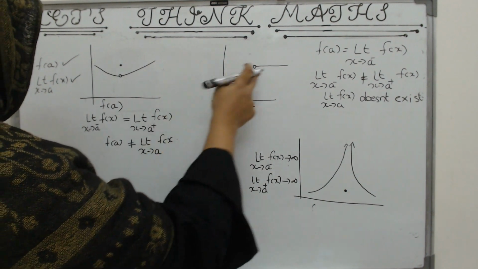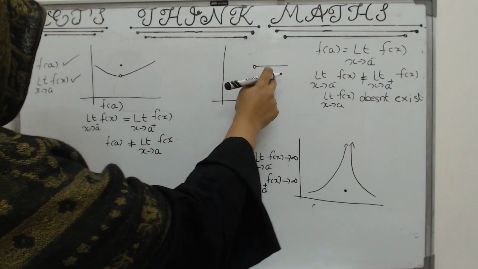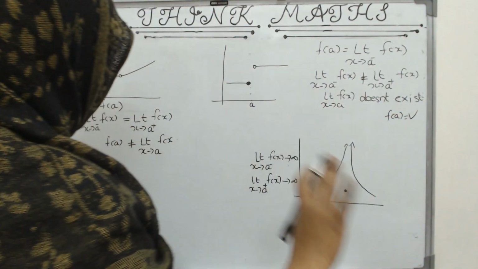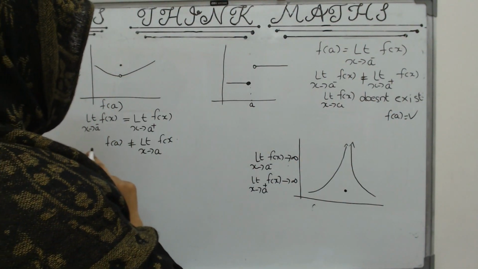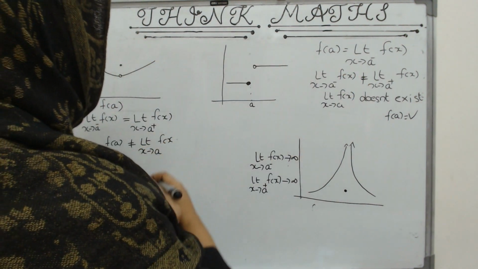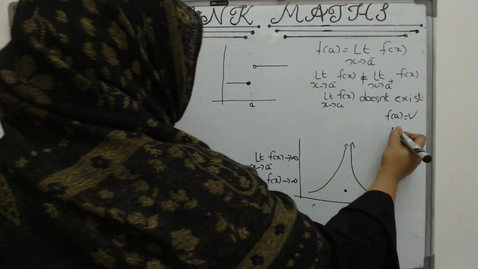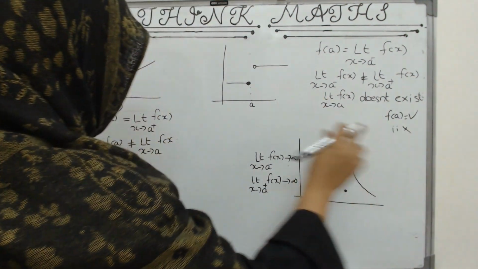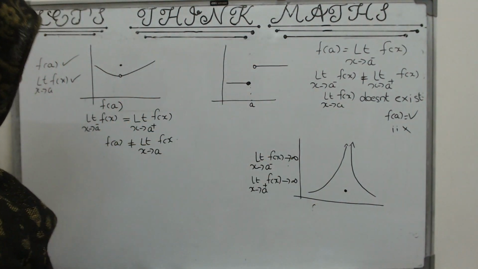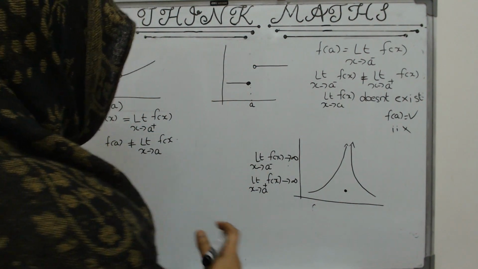But then look what is happening to the right limit. So here also the first condition is satisfied. f of a exists. But then what happens to the left limit and the right limit? They are not same. That means the second condition is not satisfied. The left limit is here, the right limit is here. They are not equal. So the limit itself does not exist.